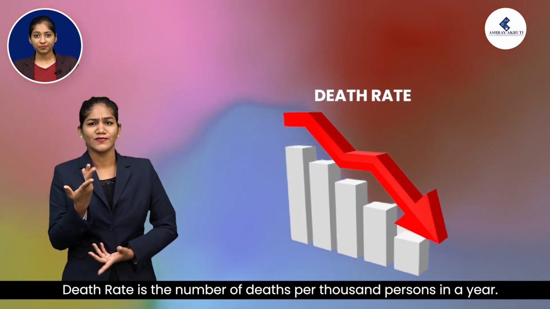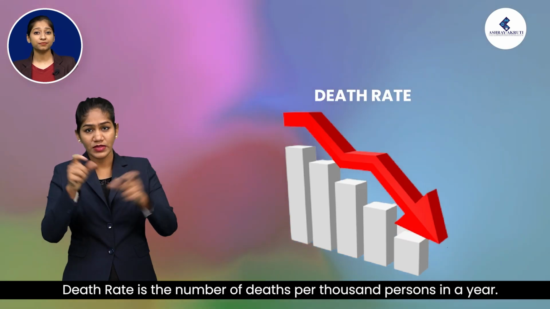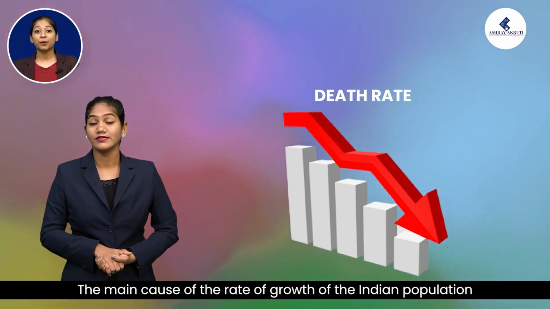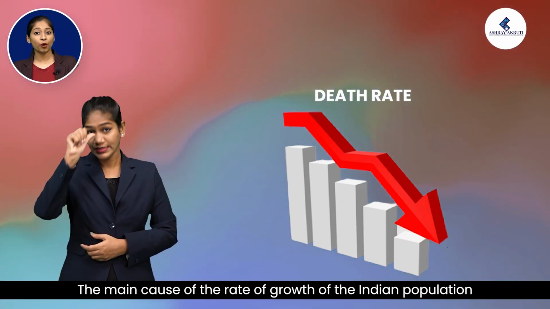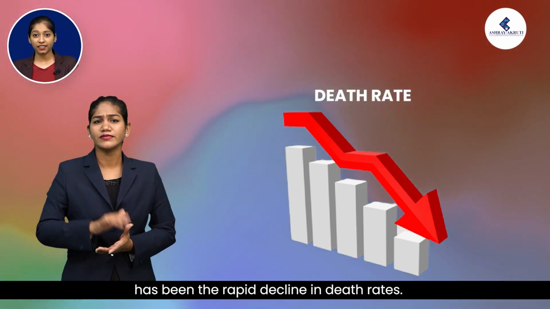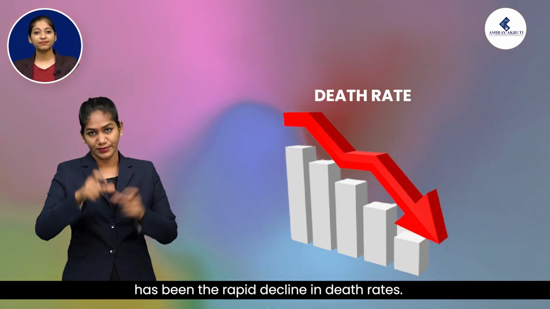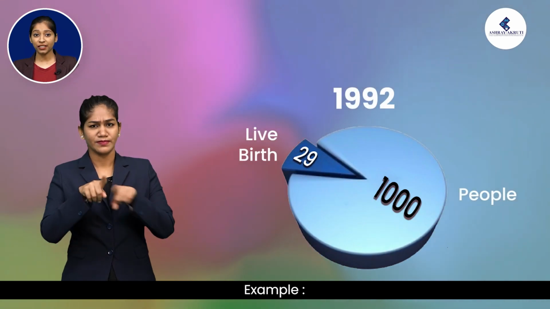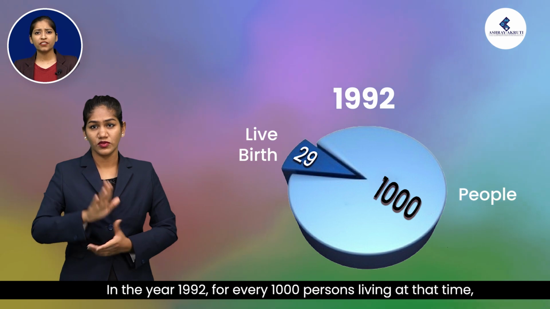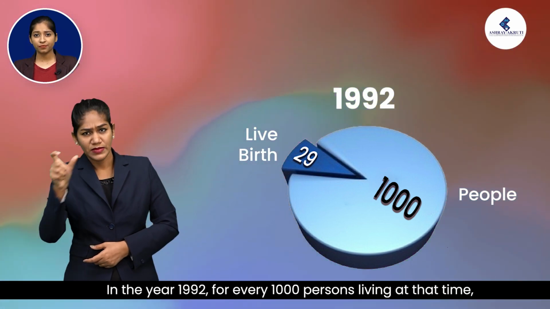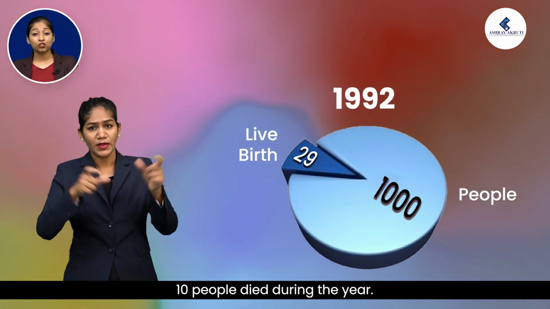Death rate is the number of deaths per 1,000 persons in a year. The main cause of the rate of growth of the Indian population has been the rapid decline in the death rates. Example: in the year 1992, for every 1,000 persons living at that time, 10 people died during the year.